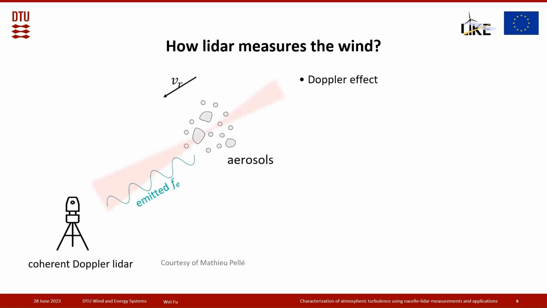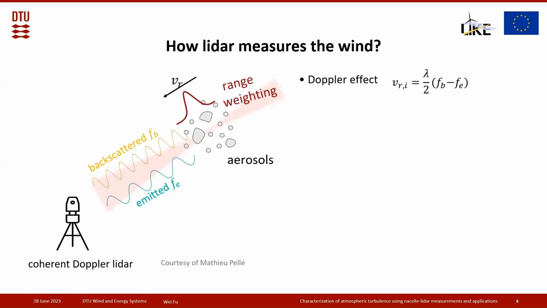The aerosols that are traveling with the wind will be illuminated. And if the aerosols are traveling towards the LiDAR, according to the Doppler effect, we will have an increased frequency in the backscattered light. Therefore, the radial velocity of the aerosols is proportional to the laser wavelength and the difference between the backscattered frequency and the emitted laser frequency.